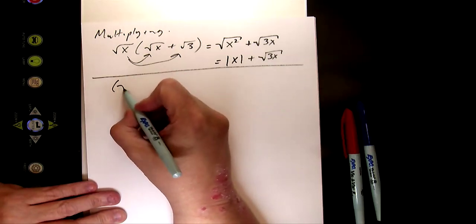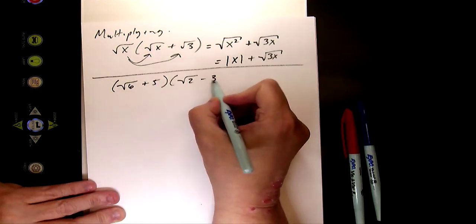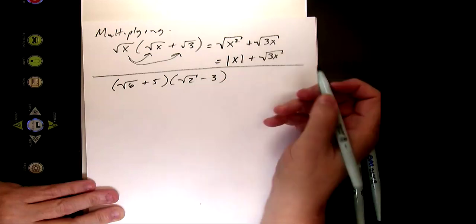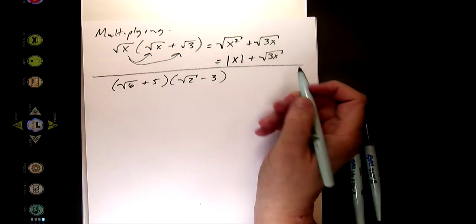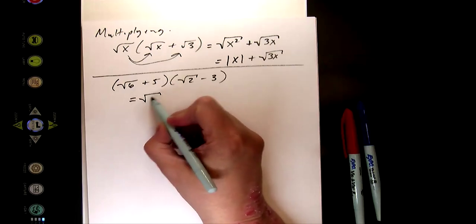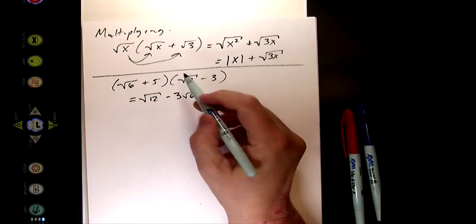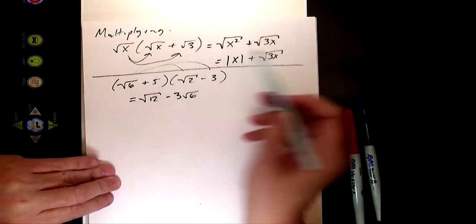If we do square root of 6 plus 5 times square root of 2 minus 3. We do our normal distribution, we get square root of 12 minus 3 square root of 6. That's the square root of 6 hitting both of them.